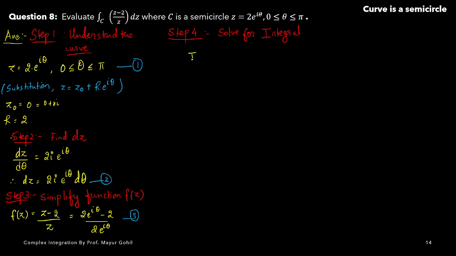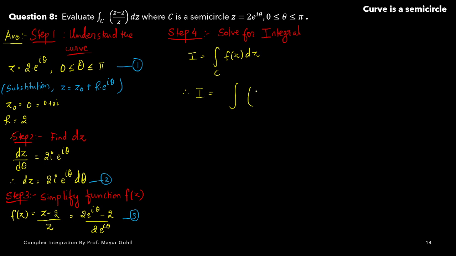I is equal to the integral of f of z dz over the curve C, whatever curve is given to us. Now we have got our function. Always write the function first, later on you go for the limits.